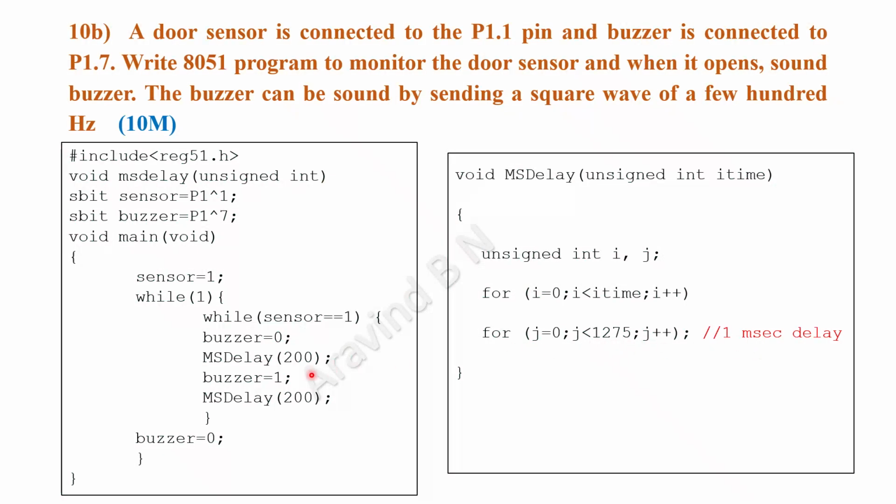If you send 200 to this, it is going to generate 200 milliseconds of delay. So this is the program related to the sensor and the buzzer. But the program is not restricted. You can have your own program which satisfies the given criteria.